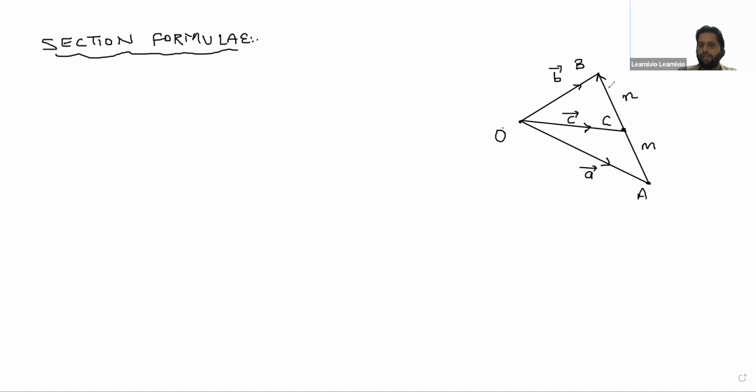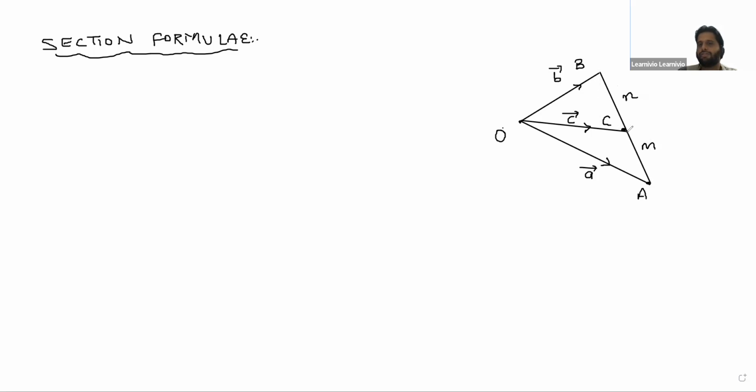So here the vector AB is given. Point A has the position vector A, point B has the position vector B. We have 2 points A and B, and this C is dividing AB in the ratio m is to n.